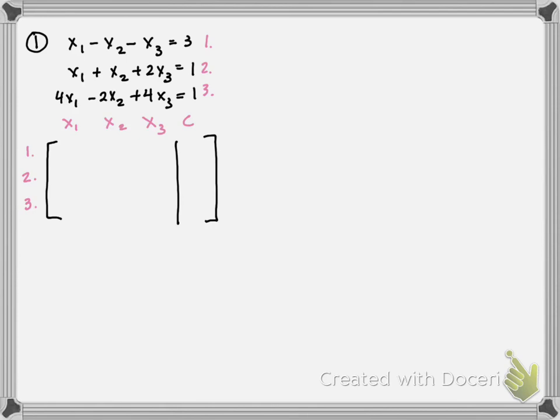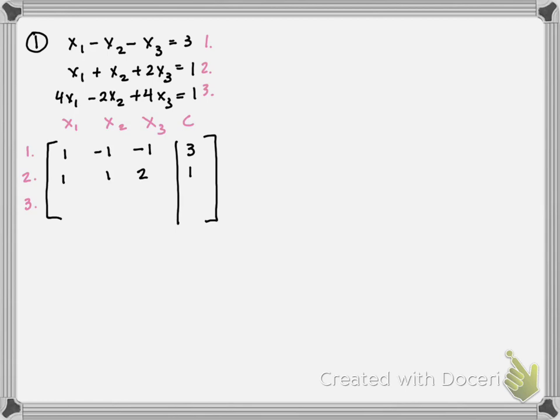So in the first equation, that's going to go in the first row, we have 1x1, negative 1x2, negative 1x3, and 3 is the constant. In the second equation, we have 1x1, 1x2, 2x3, and 1 is the constant.